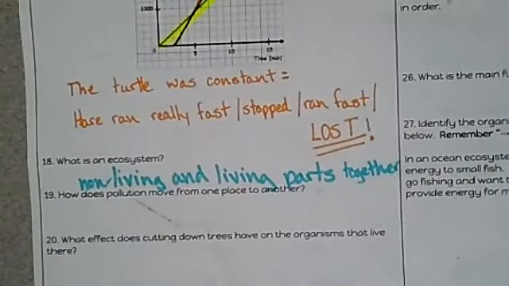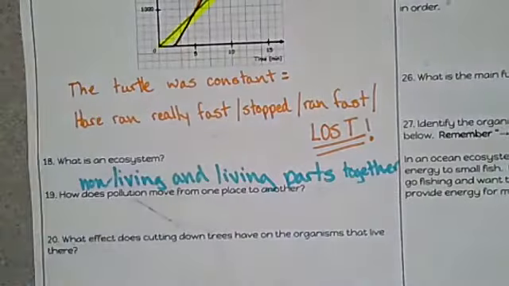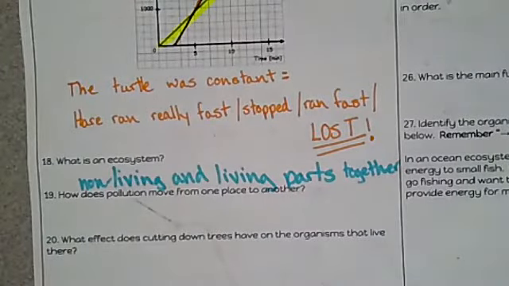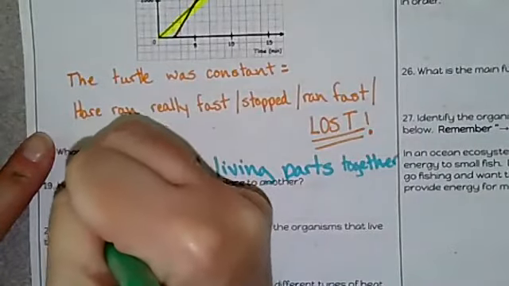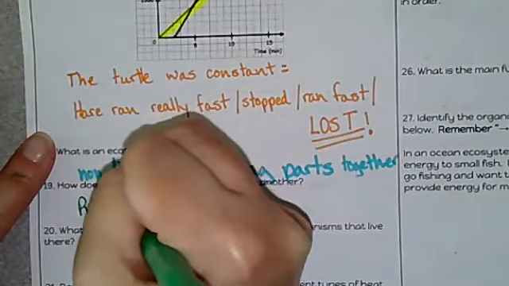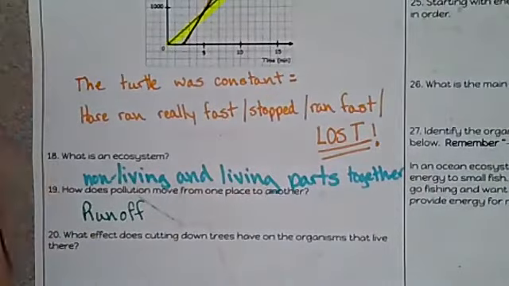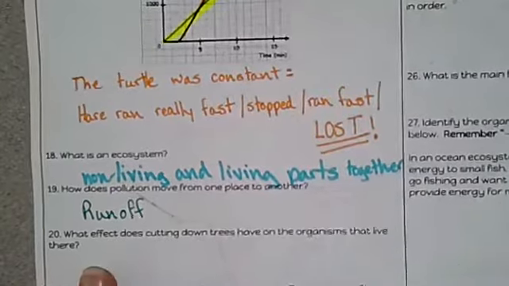Okay, all right, guys, how does pollution move from one place to another? Does anybody remember? Tell me, Zayden. Runoff. Yes. Do y'all remember what runoff is? Runoff is when the pollution basically gets washed down from a higher place to a lower place.